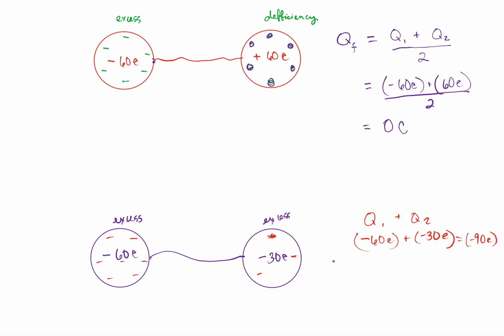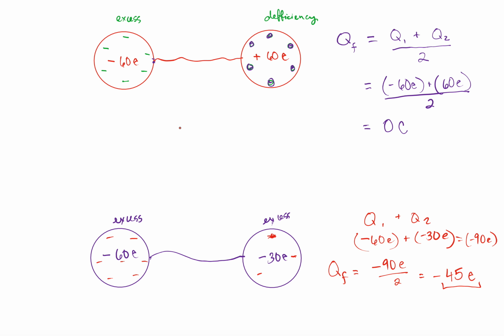If I'm trying to calculate what the final charge on each one would be, it's very clear that I would take that, divide it by 2, and I would end up with negative 45e, meaning I have an excess of 45 electrons on each of the two spheres at the end, because that would be the configuration where they're the farthest away from each other as possible.